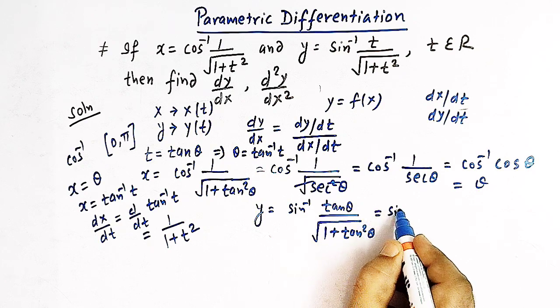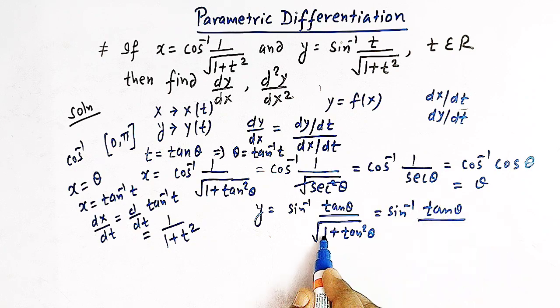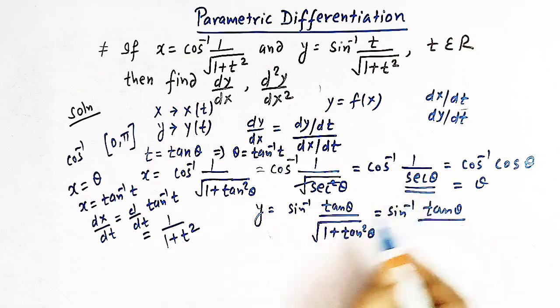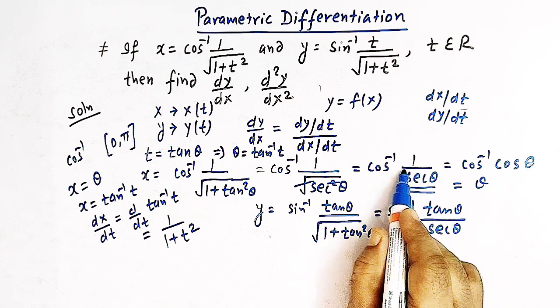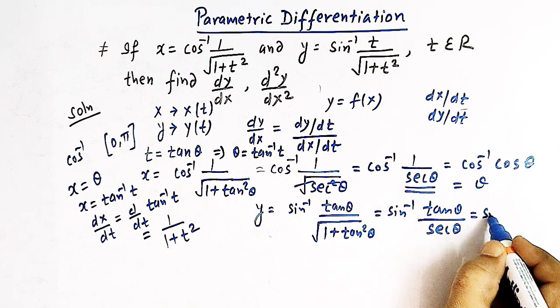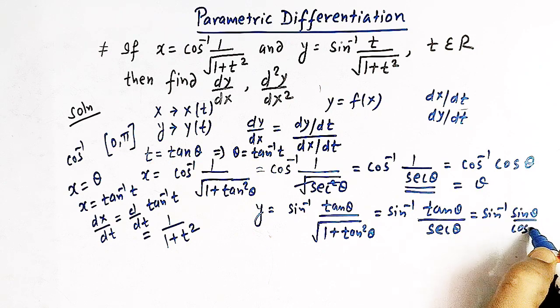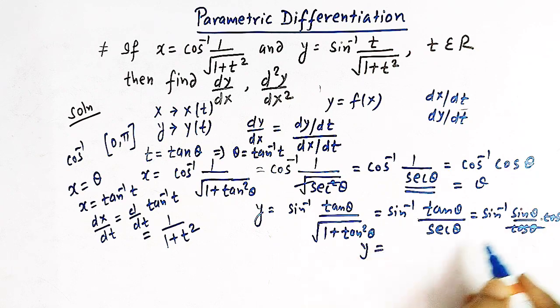So this is sine inverse, and we have tan theta, and square root of 1 plus tan square theta is equal to secant theta, as we have done in the previous case. Tan theta is sine theta over cos theta, and 1 over secant theta is cos theta, so cos theta and cos theta get cancelled.